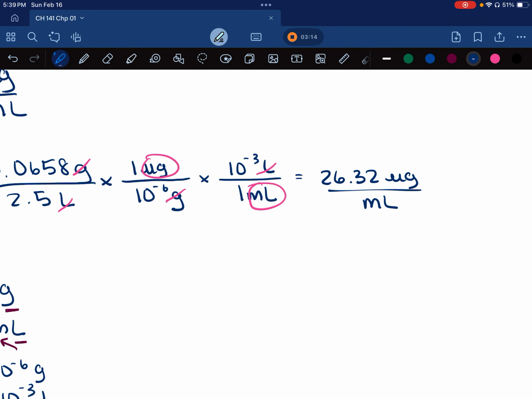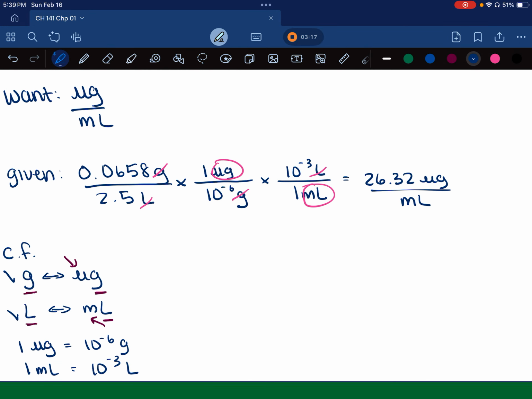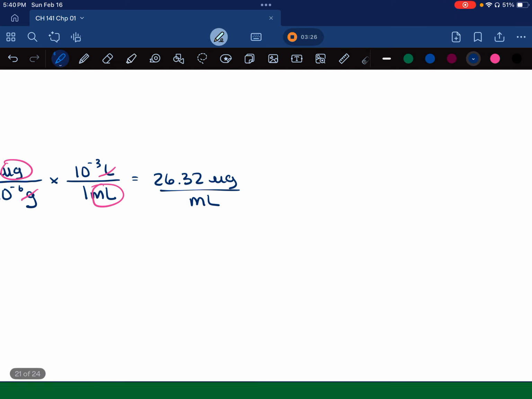Now, let's just watch our sig figs. My calculator gave me 26.32, but my given concentration really is only to about 2 sig figs here. So I would probably want to round that to 26 micrograms per milliliter.